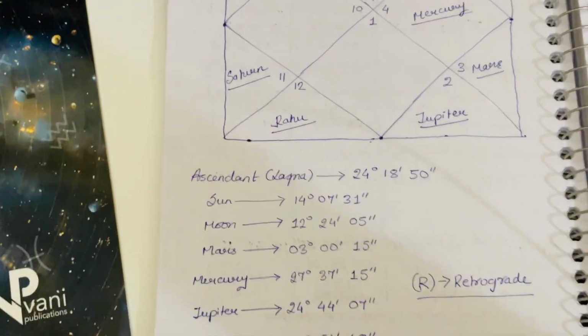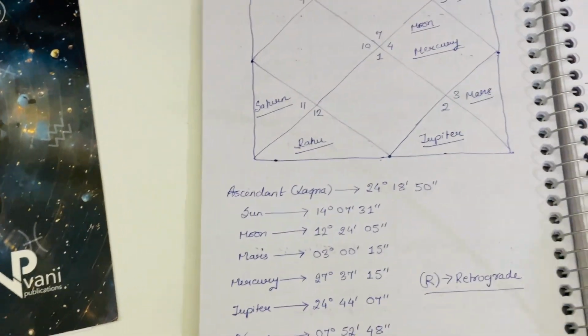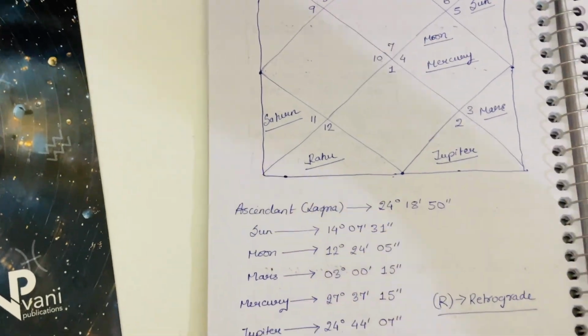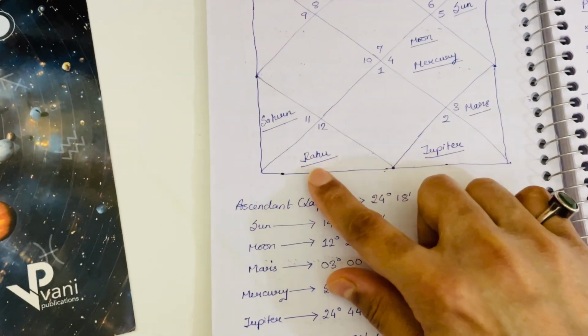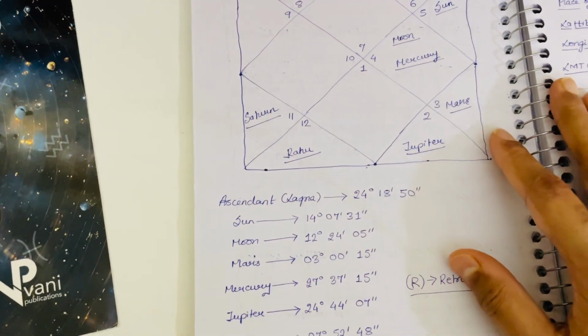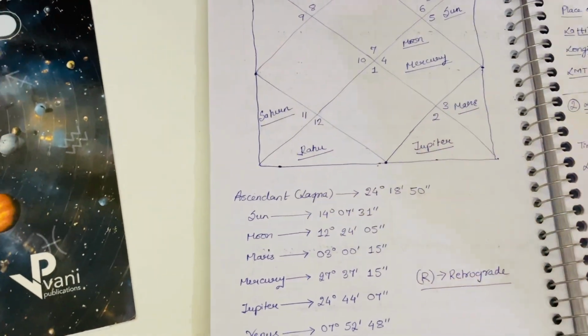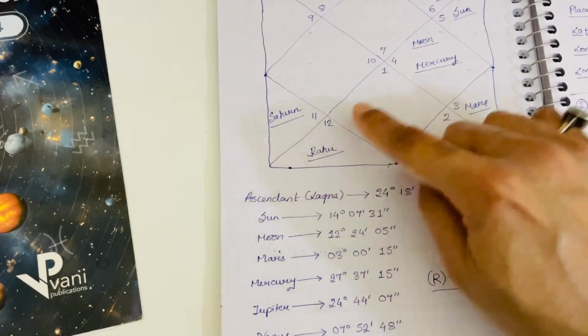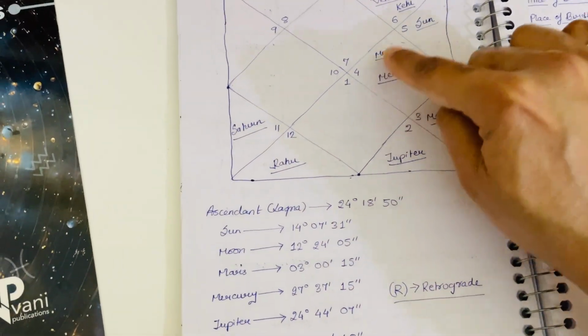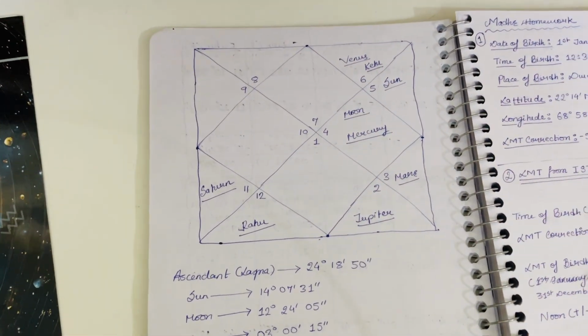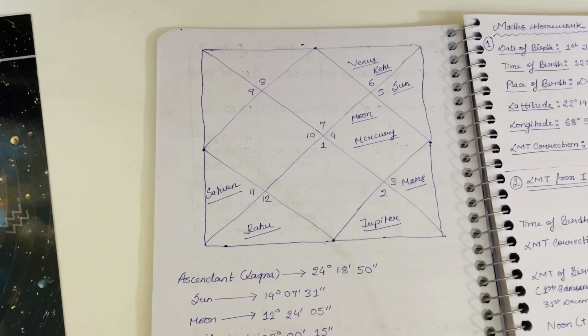Now, how do you place Ketu? You have found that Rahu is in this particular house. So Ketu will be exactly 180 degrees opposite to Rahu, meaning the 7th from Rahu. 1, 2, 3, 4, 5, 6, 7. So Ketu gets placed in the 12th house in the sign of Virgo.